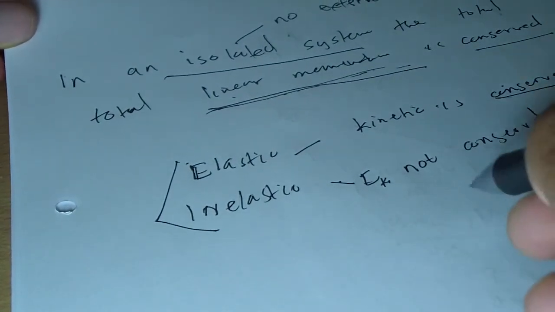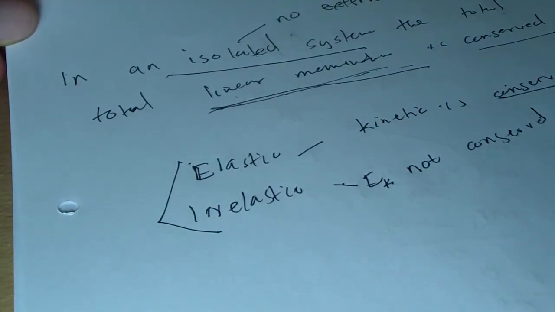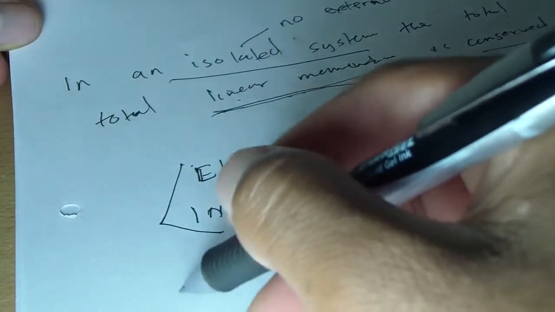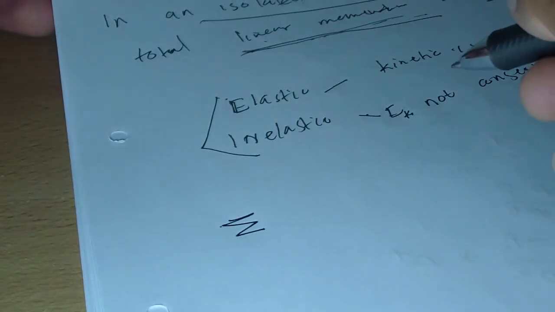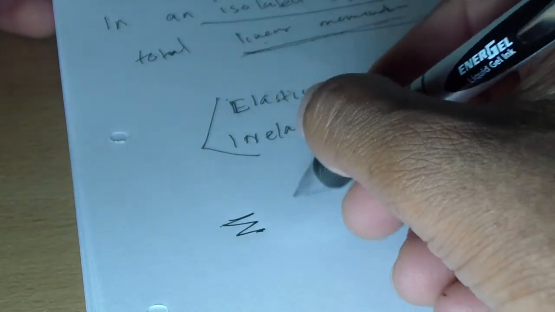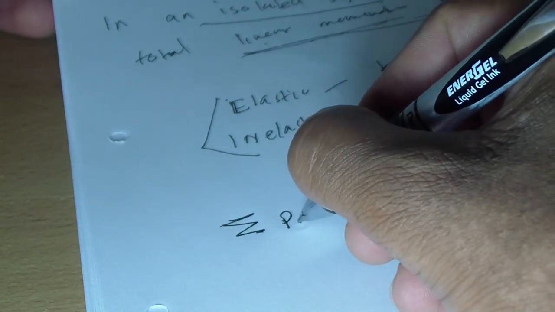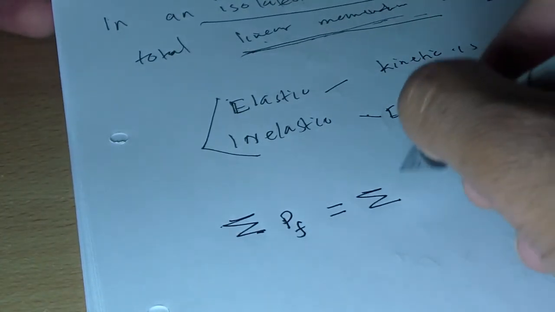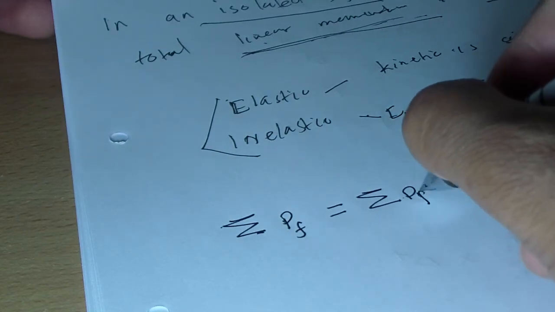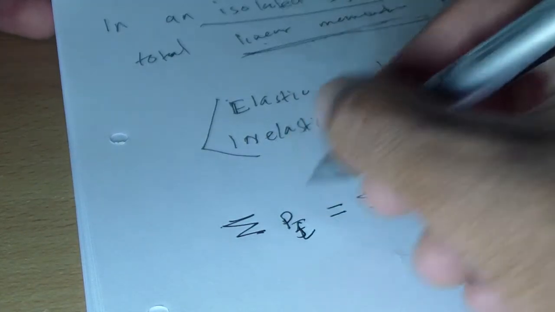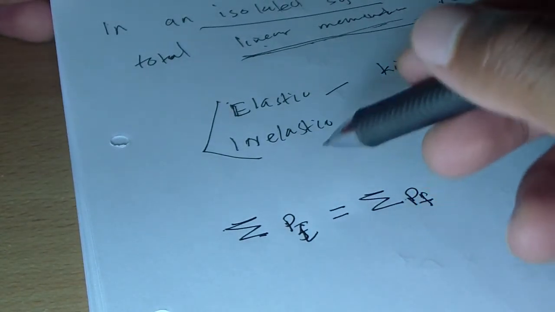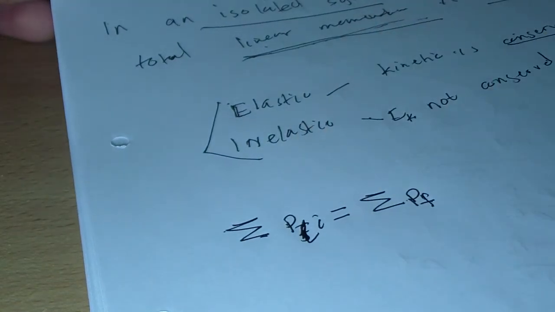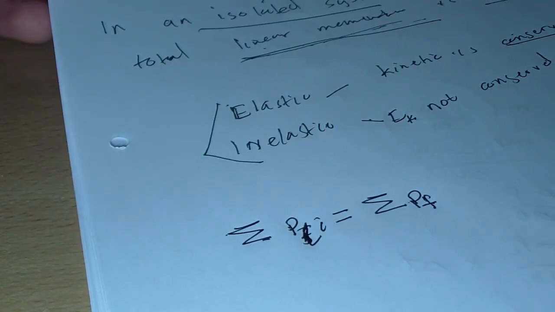To simplify, when dealing with the conservation of linear momentum, we are simply saying the summation, adding all the momentum before the collision, must be exactly equal to the momentum after. Momentum before the collision, which is I, is exactly the same as momentum after the collision, which is F.